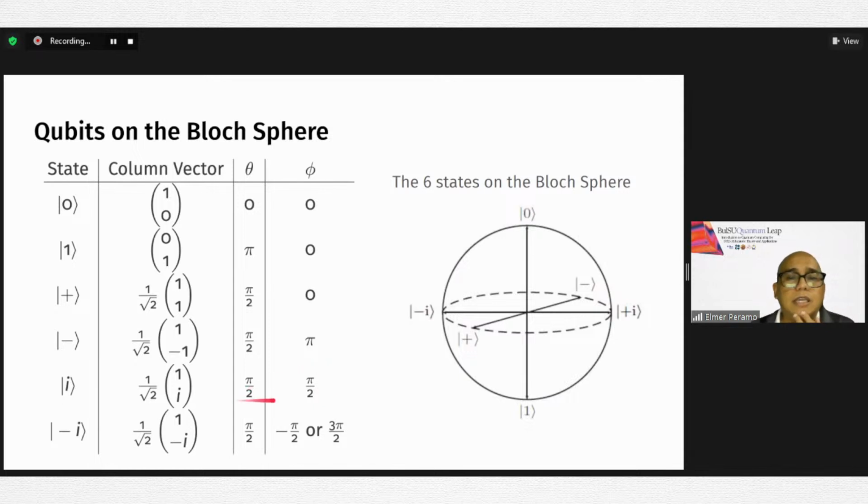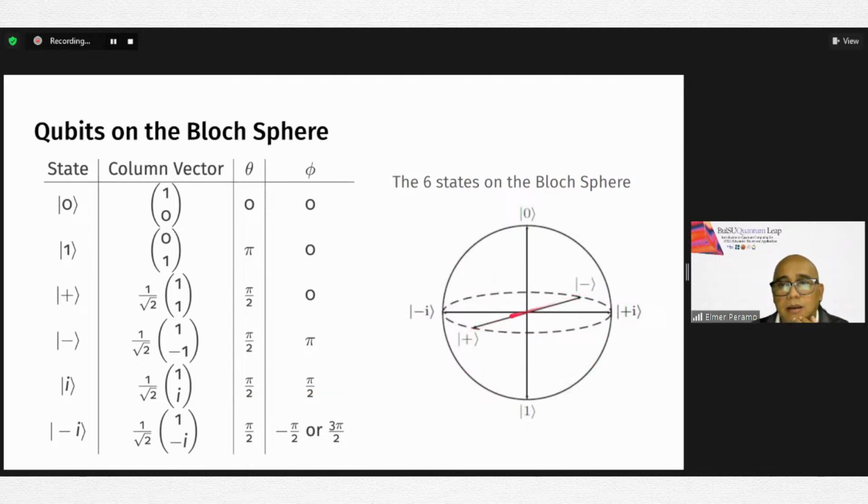Ket minus is pi over 2, but the azimuthal angle is pi. Okay, from here to here. And then ket i is here at this point, and its column vector representation is 1 over square root of 2, 1, i. So basically think of this plane as the complex plane.